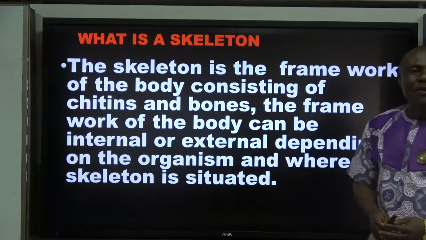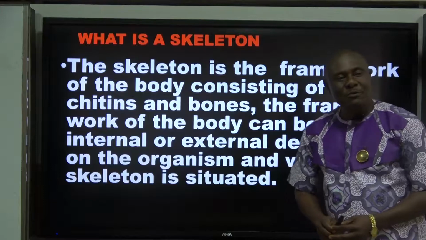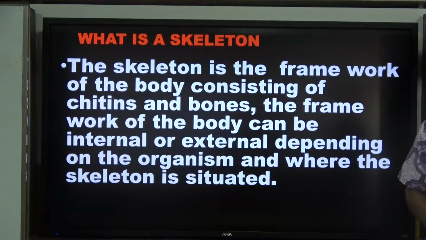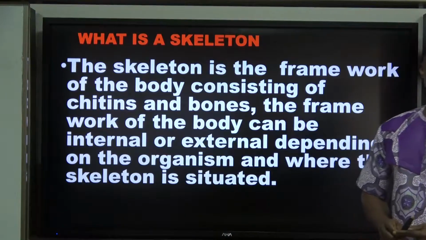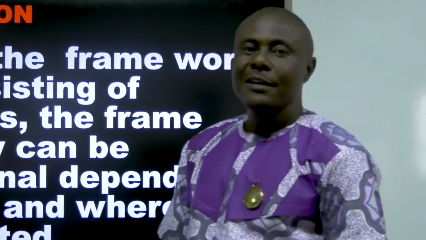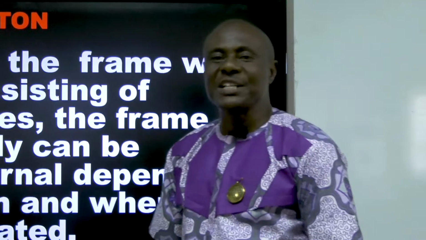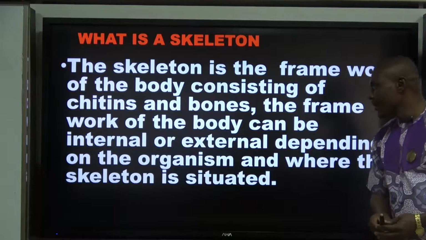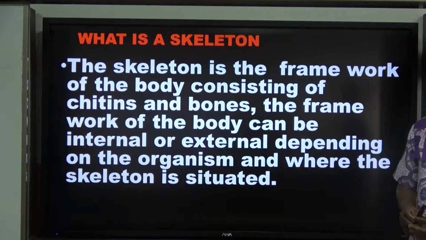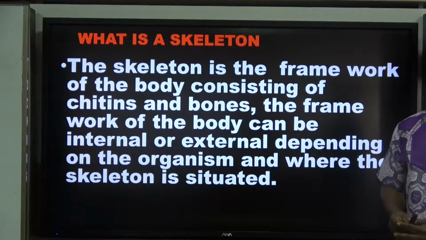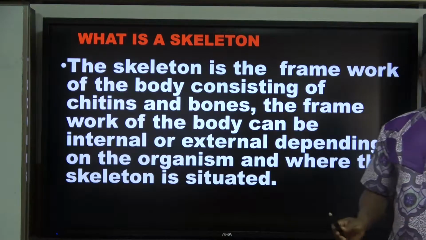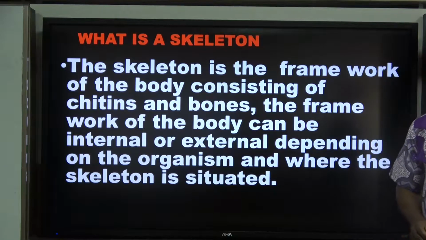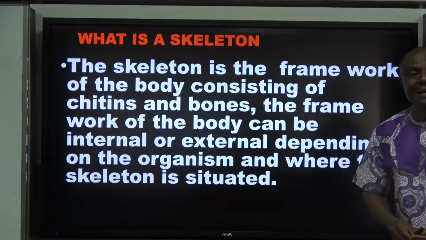Now, this framework of the body is made up of chitin or of bones. That is the skeleton. It can either exist externally or internally in an organism. Wherever it is found, it is referred to as the skeleton.